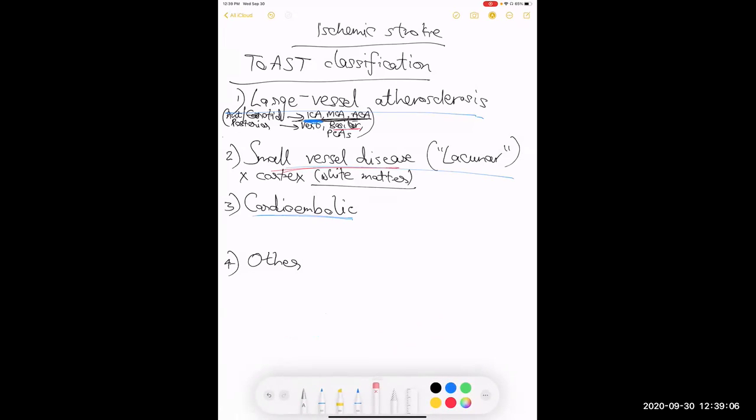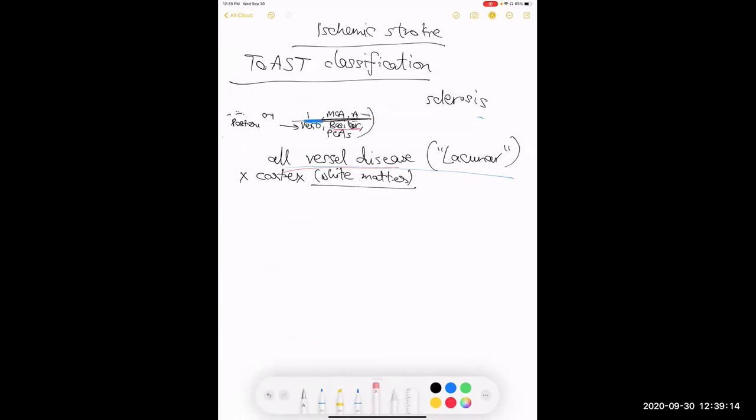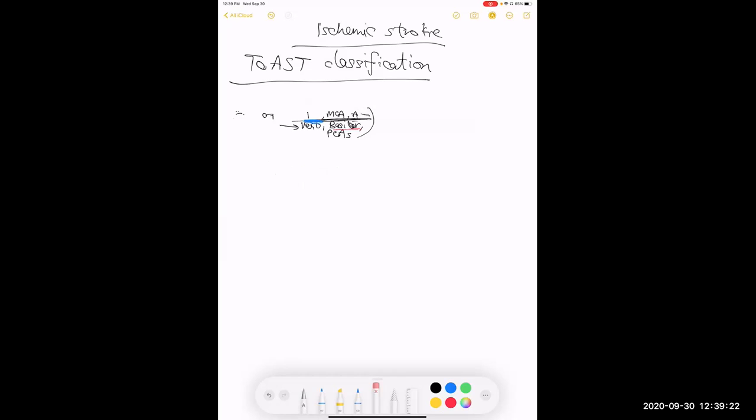So that's your classification of the stroke. I'm going to remove this for now and focus on the management part or the treatment part. I think I have a PowerPoint on the management of acute ischemic stroke, in terms of TPA and endovascular intervention.